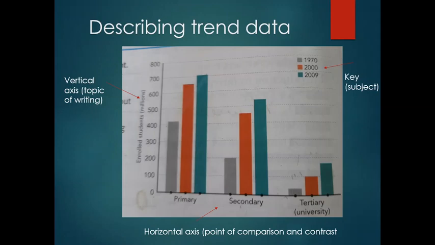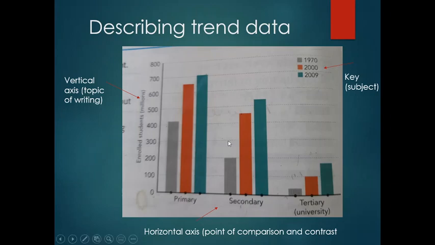All right, so these are the parts of a bar graph. Now, this part is the key or the subject, the one that you're writing about. Now, the horizontal axis, this is the data showing the point of comparison and contrast. All right, so what information are you going to compare and contrast?